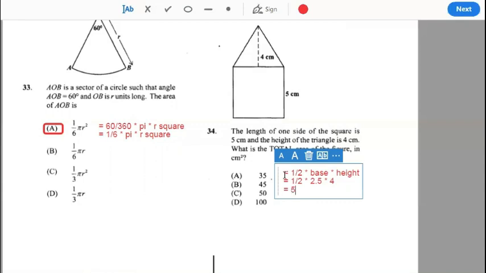And our answer here will be 5. So half times 4 times 2.5 is 5, but there are two triangles, so the area for that is equal to 5 multiplied by 2, which is equal to 10.